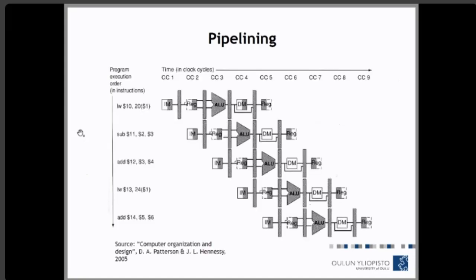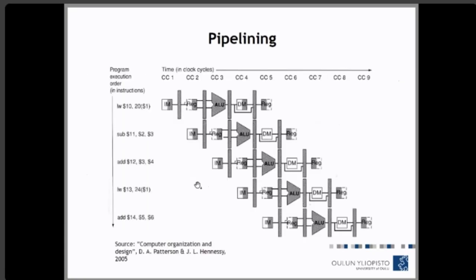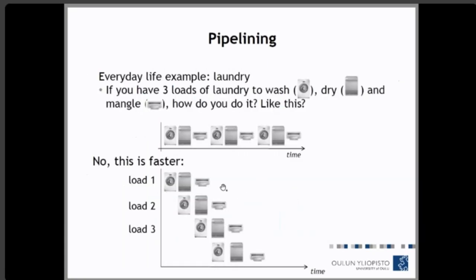Or we don't know which instruction we should execute next. We have to run all the code to some point until we decide. Or there are two instructions that both want to use the same unit, the same hardware. In this laundry example, we assume that all of them finish in a certain period.